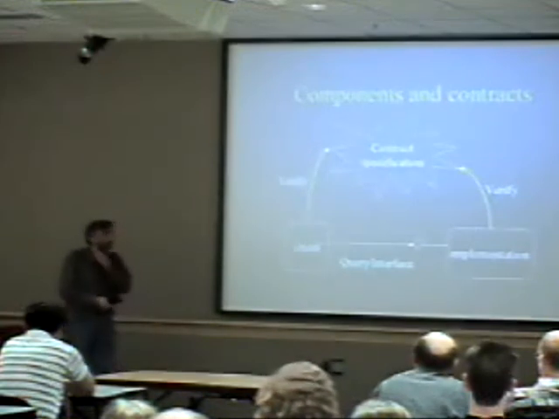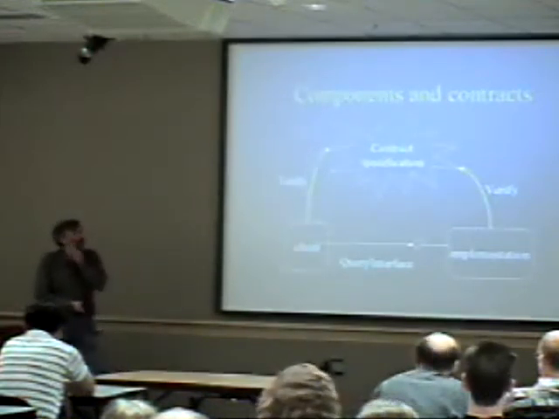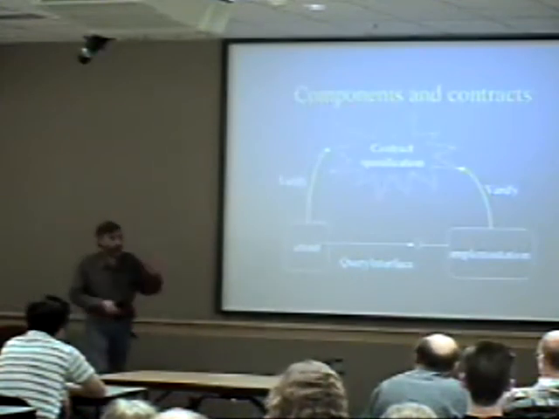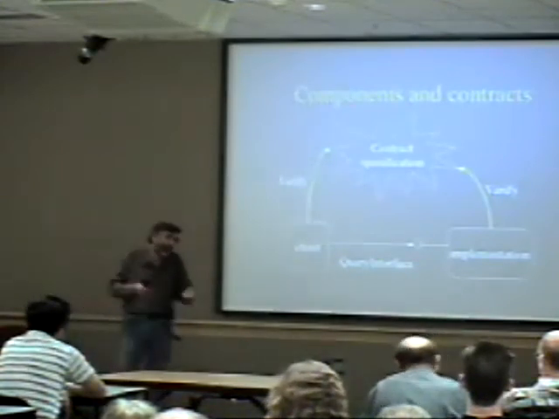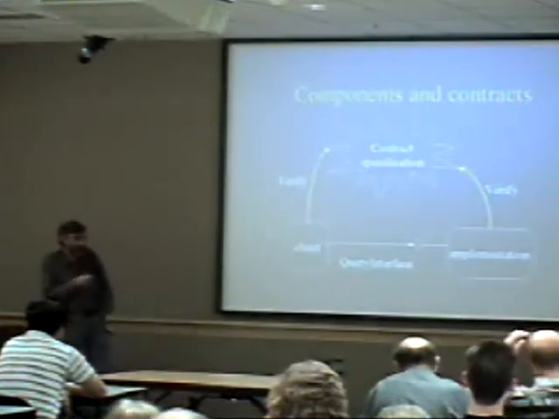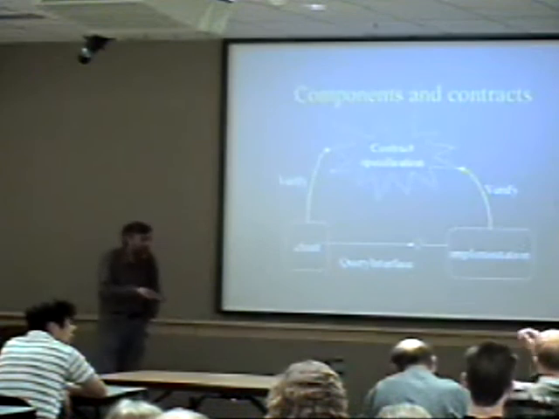It is a different way of looking at things. And maybe over time we'll just call it the component model and lose the word object. But since object never meant anything in the first place, it doesn't matter. Does that answer your question?